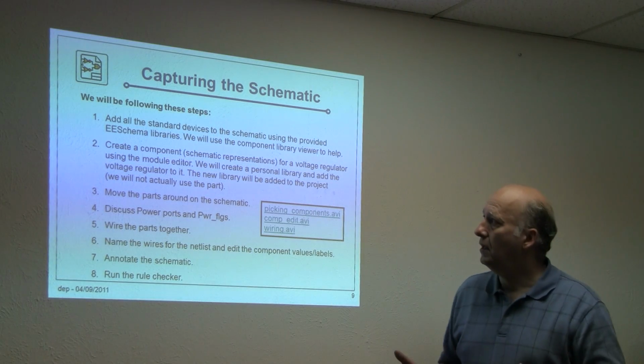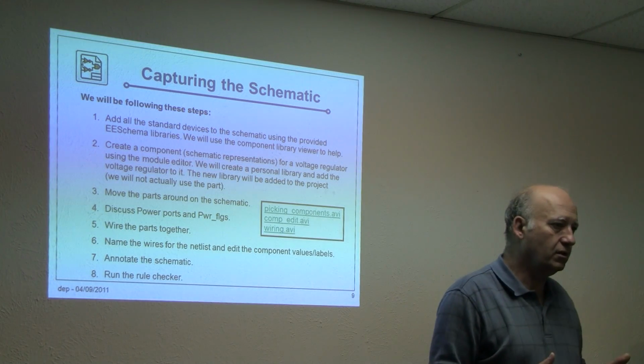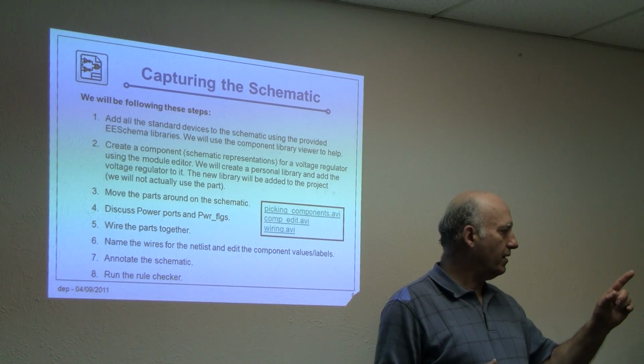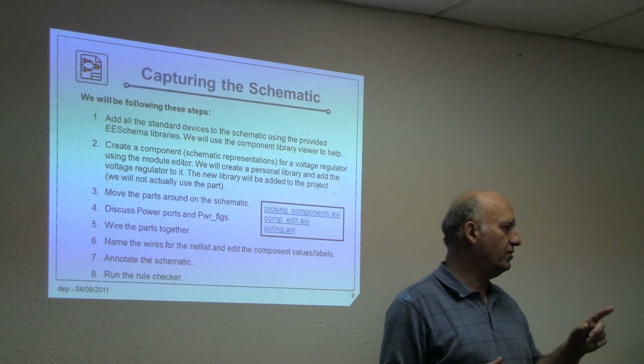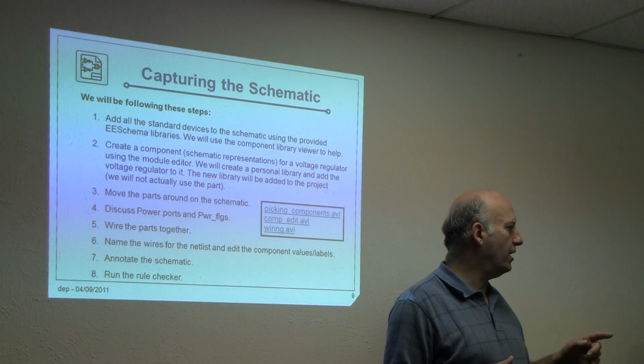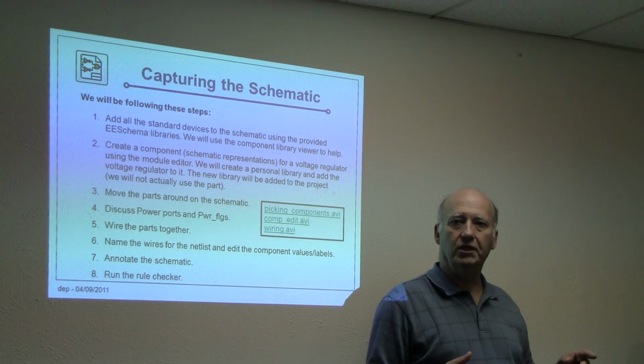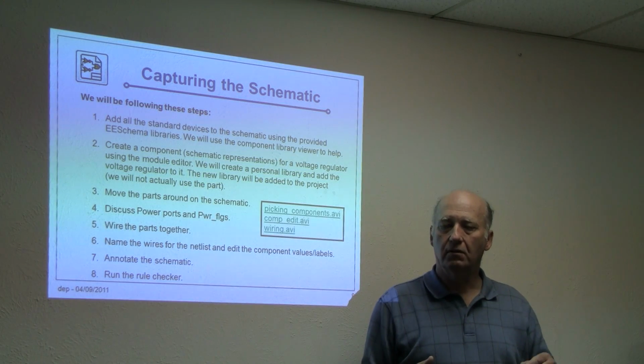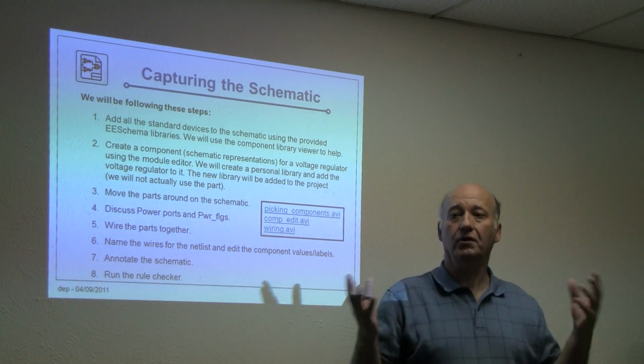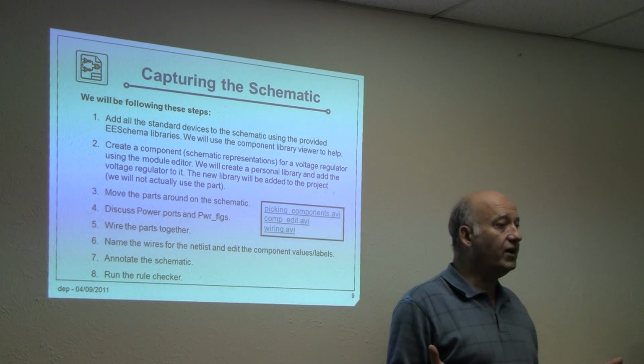All right? If you know what you've got, you can kind of count up. I've got like 15 resistors, and 16 capacitors, and 3 ICs or whatever. It makes it a little easier to do all the resistors at once, all the capacitors at once. It's just a little faster.